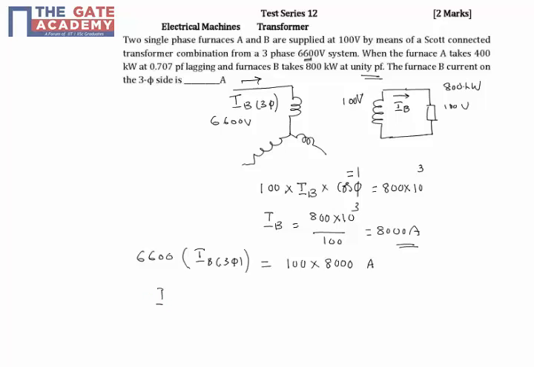So IB three phase is equal to 100 into 8000 divided by 6600. These two will get cancelled, so 8000 by 66. If you simplify this, you will get 121.2 amperes.